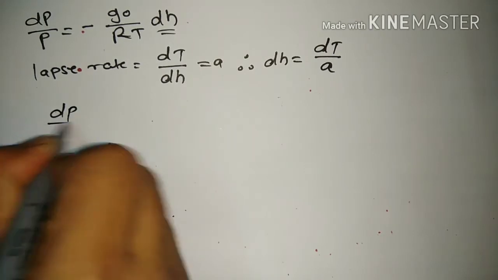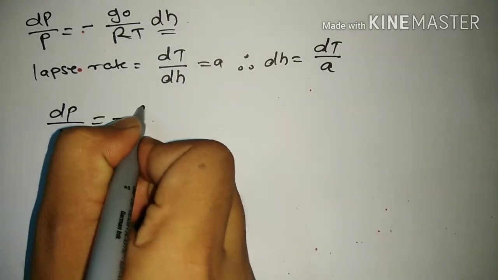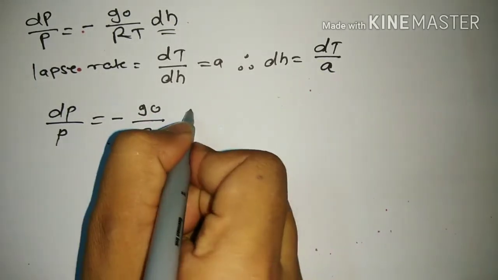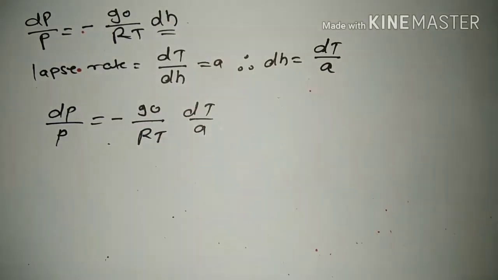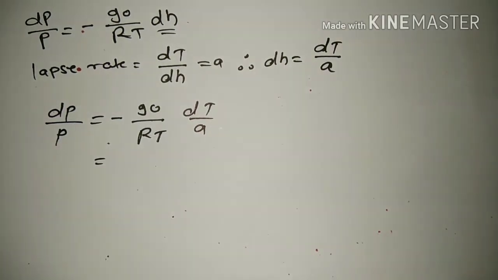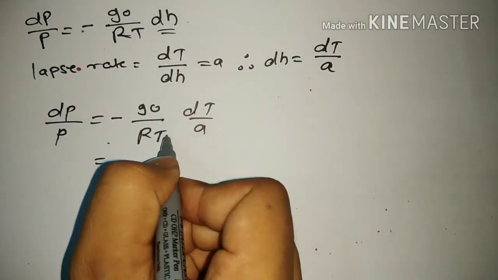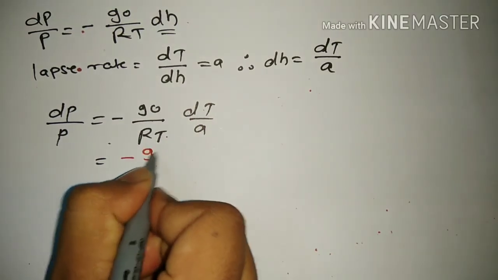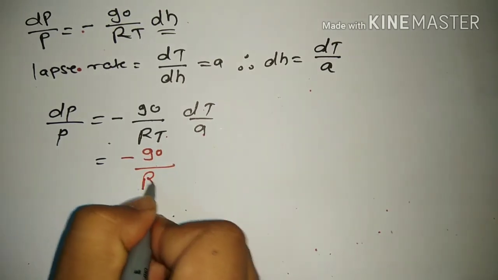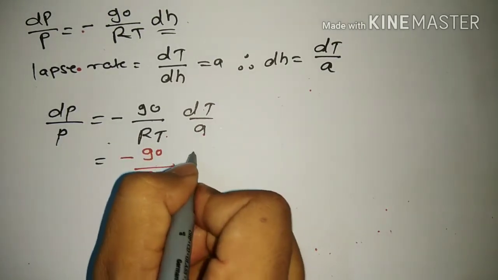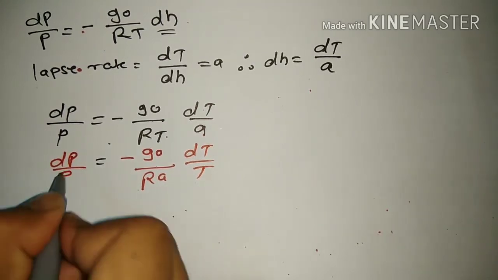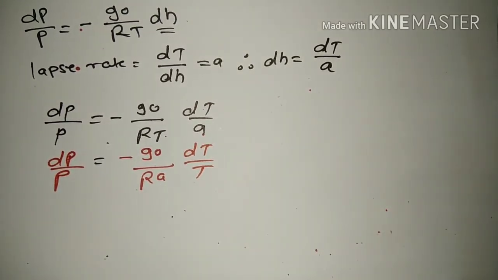We are putting this dh into this equation. So dp by p is equal to minus g0 by RT times dT by a. Simplifying, this is dT, this is T, so minus g0 by Ra, remaining dT by T, which is equal to dp by p. This is simple simplifying.